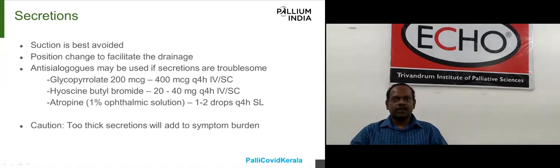Atropine ophthalmic solution is another useful agent which can be administered sublingually every 4 hourly, 1 to 2 drops. If the patient has more thick secretions, or if this medication produces more thick secretion, then sometimes it can add on to the symptom burden like breathlessness.